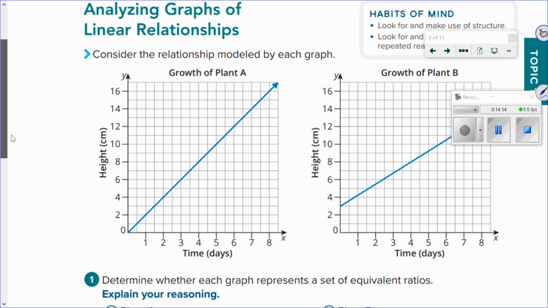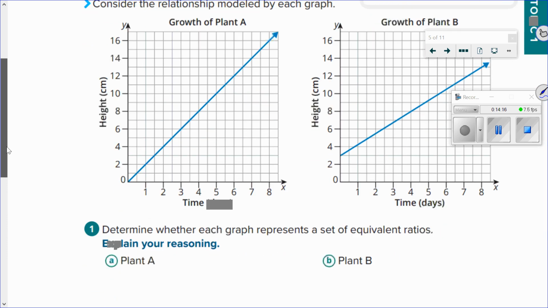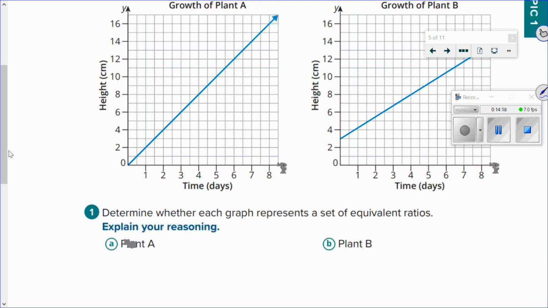Okay, consider the relationship modeled by each graph. So we got a couple questions on this. Determine whether each graph represents a set of equivalent ratios. So if I look at plant A versus plant B, which of those do you think has equivalent ratios, if either of them? Jaden? Why do you say that? Because it goes through the origin.